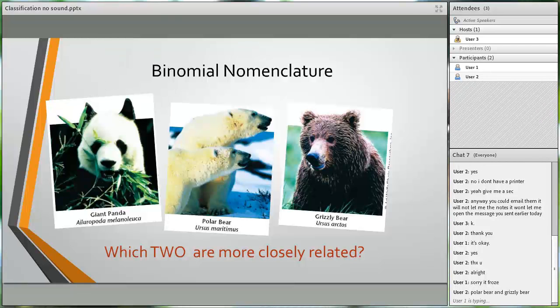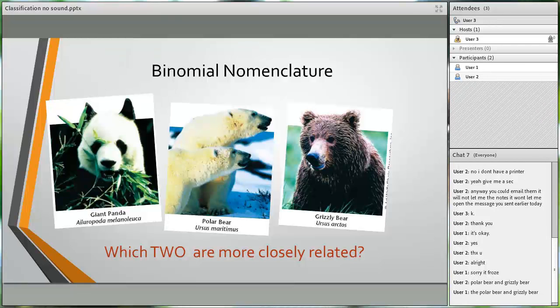Perfect, exactly right. Our polar bear and our grizzly bear are more closely related. And how did you know that? Good, by the first name.